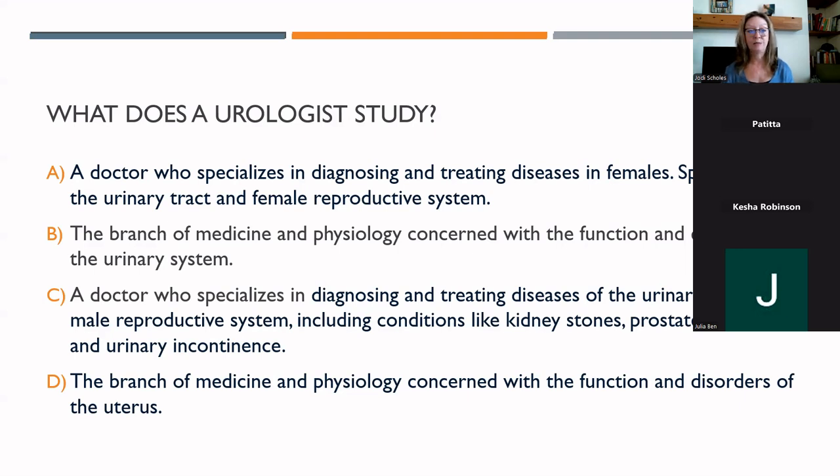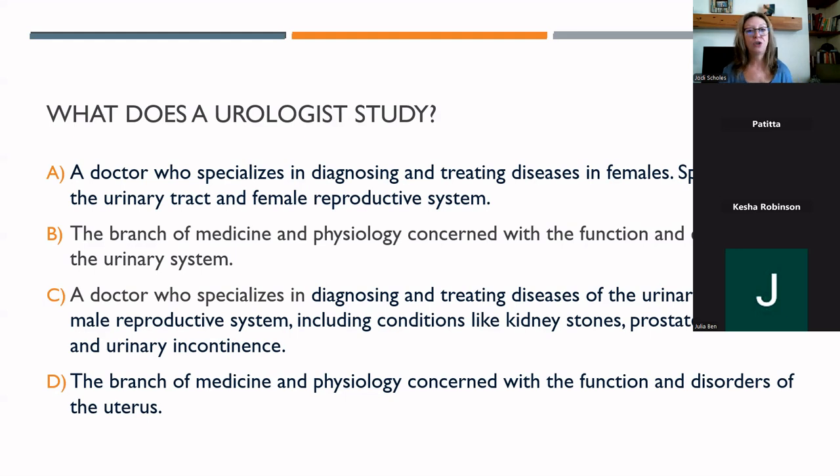Letter C, the doctor who specializes in diagnosing and treating diseases of the urinary tract and male reproductive system, including conditions like kidney stones, prostate problems, and urinary incontinence. And D, the branch of medicine and physiology concerned with the function and disorders of the uterus.